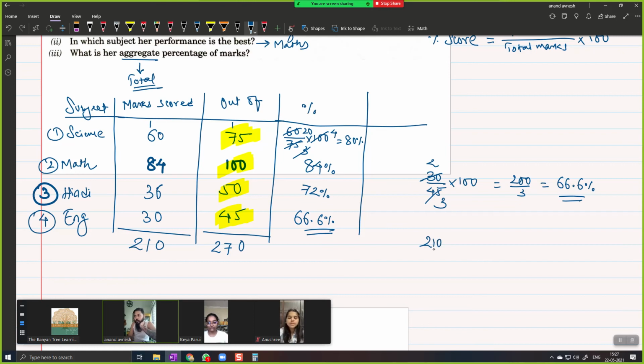So 210, this is the total scored marks. 270, this is out of which we have scored, into 100. Okay, so we can cut with 3. 3 70s are 70, 3 9s are 9. Now this will not cut further. So 700 by 9, can you please find in percentage, in decimals?